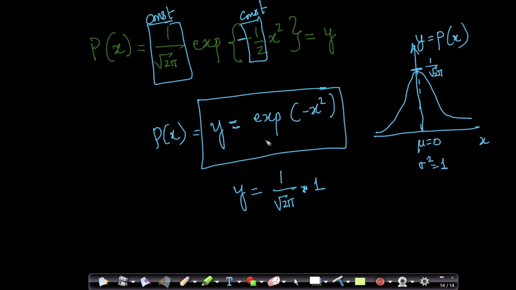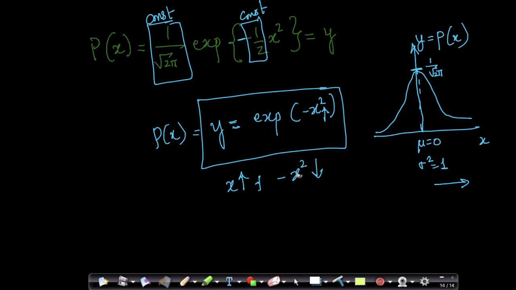So what happens as x increases? Let's understand what happens to y. As x increases, which means as you're moving on this axis, your y is going to reduce. If we look through this function carefully, as x increases, your minus x square is going to reduce because it's negative.